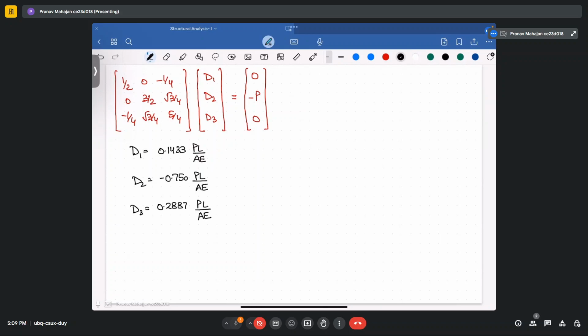Now if you are required to calculate the member forces, how will you calculate? If member forces are required, you will calculate like this.